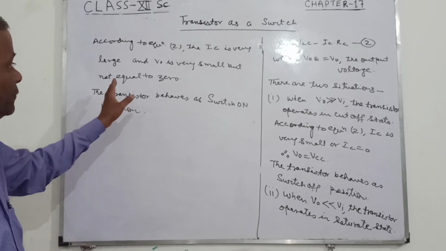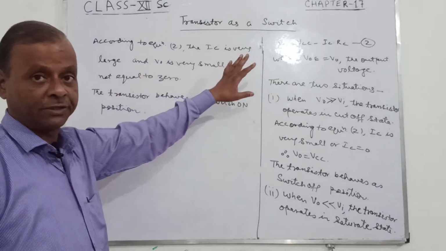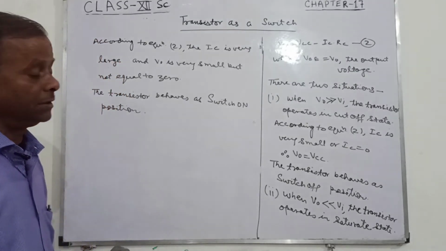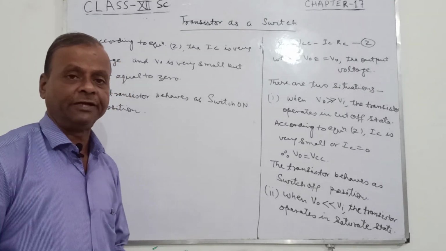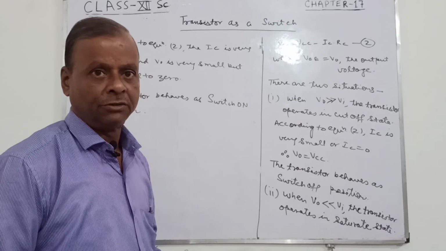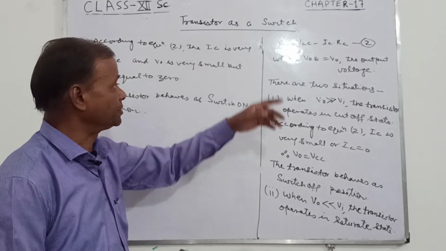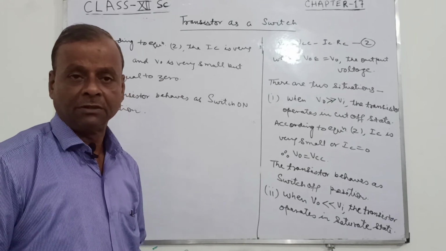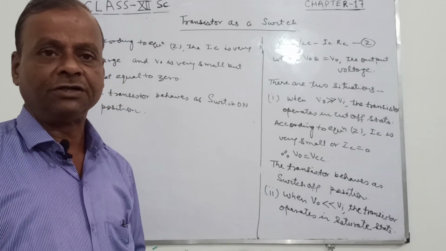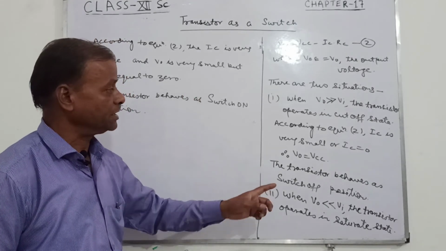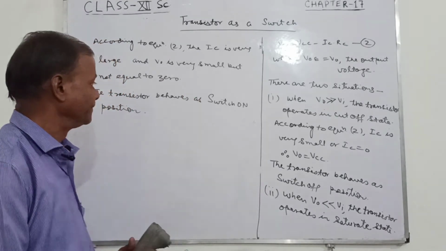So any change in this input current will change the output current. And the input that we apply here is a DC source. So this acts as a switch when the input is taken to be a DC source. So this is what the transistor is, the switch.